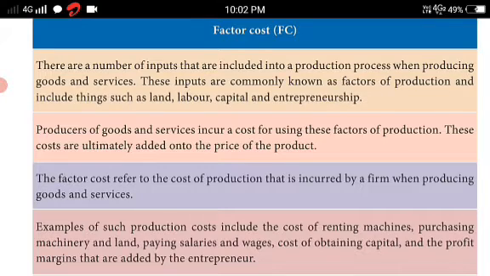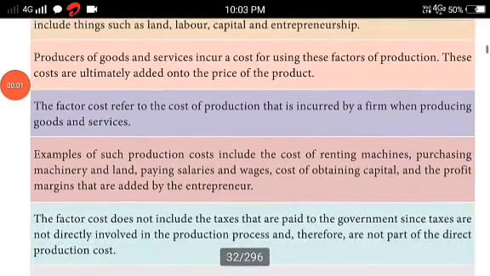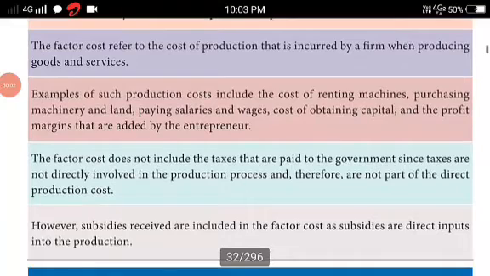The factor cost refers to the cost of production that is incurred by the firm when producing goods and services. Examples of such production costs include the cost of renting machines, purchasing machinery and land, paying salaries and wages, cost of obtaining capital, and the profit margins that are added by the entrepreneur.